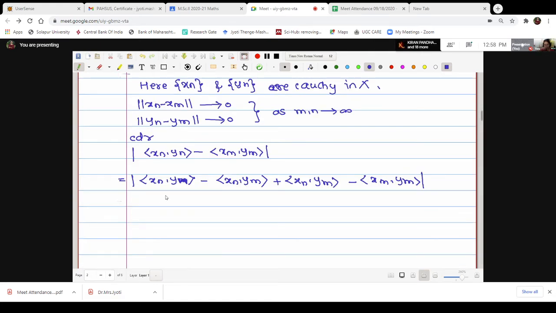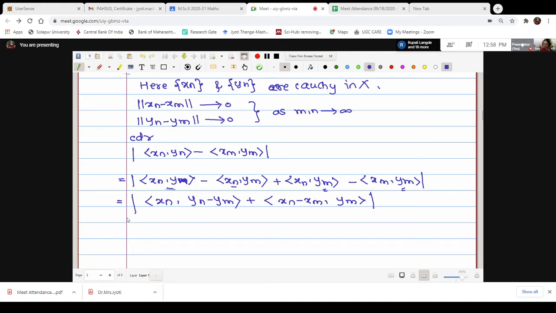Now look very carefully at the first two terms. We can use the linearity property in the reverse manner to write this as inner product xn with yn minus ym. What about the second one? Here the second variable is as it is, therefore we will have a subtraction in the first: xn minus xm with ym.